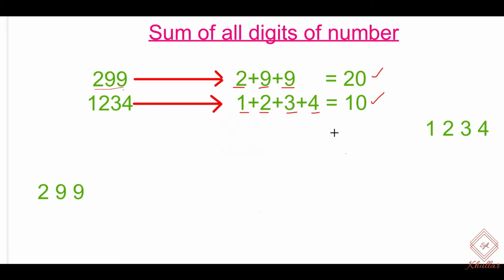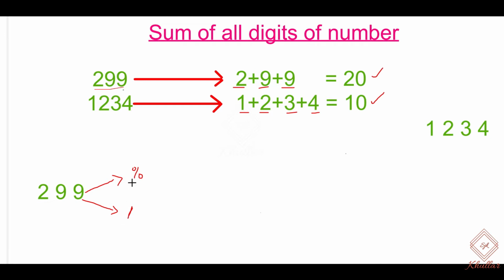So how can we achieve the sum of these digits? In Java, we have two very important operators which help us in this regard. One is the modulus operator and the other one is the divide operator.